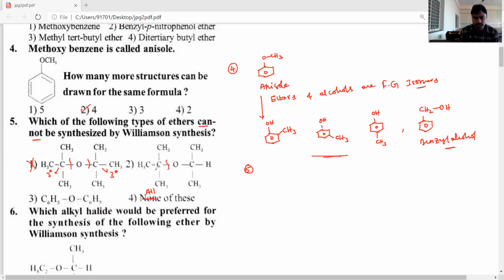Now this is also tertiary. One is tertiary and the other is secondary. So secondary alkyl halides, and one primary alkyl group is needed in Williamson ether synthesis.